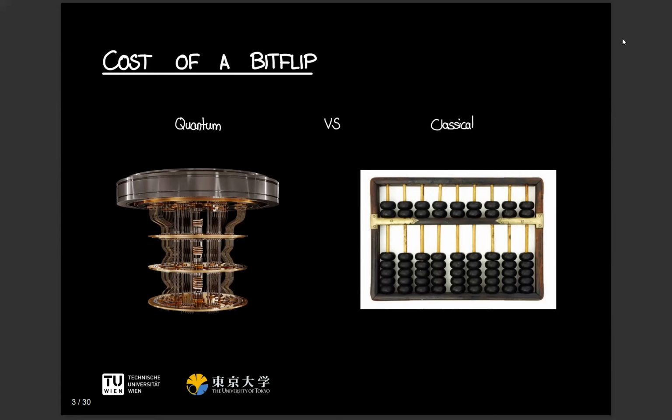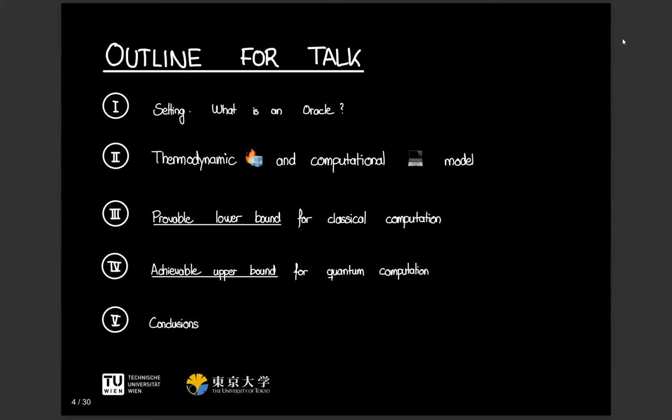The intention is to show some achievable energetic cost for a quantum computer to solve a specific problem and compare this to a classical platform. For the classical platform, we want to think of a fundamental lower bound and figure out whether there is some reason why a classical computational platform should have a non-zero lower bound on how much energy it consumes to solve a specific problem. These notions of energy consumption will of course be defined more rigorously as we move forward.